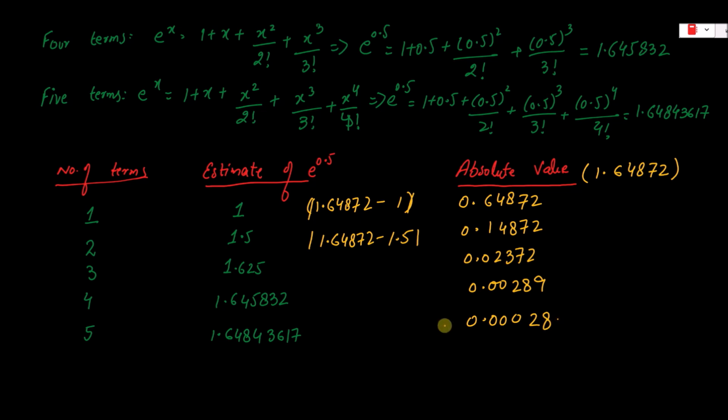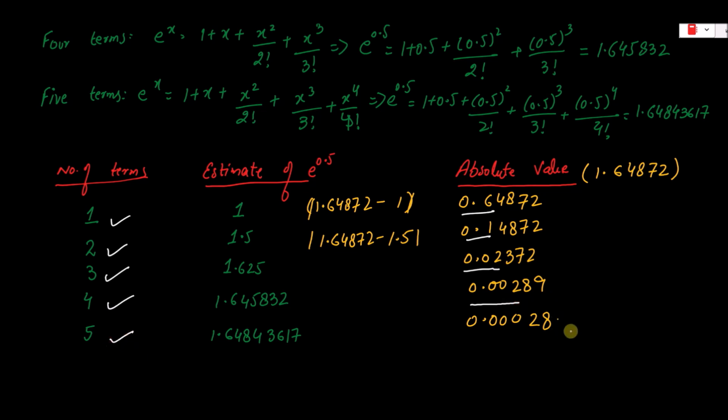Okay, if we see, when we choose one term, the error is 0.64. When we choose two terms, the error is 0.1. When we choose three terms, the error is reduced to 0.02. When we choose four terms, the error is reduced to 0.002.